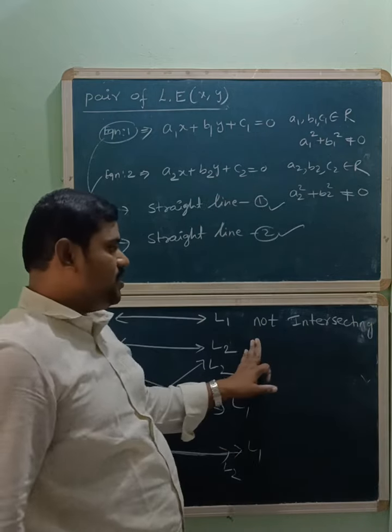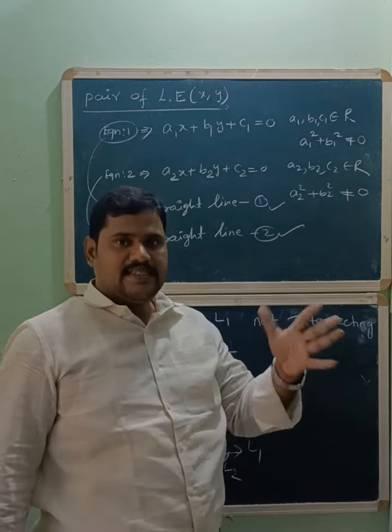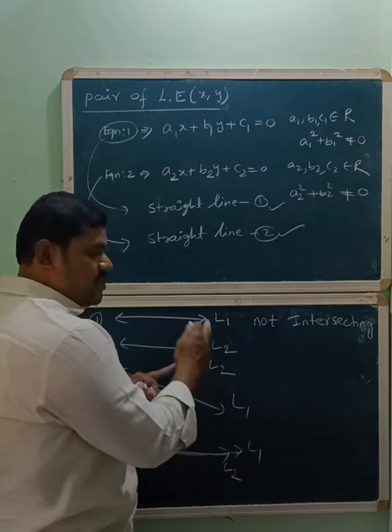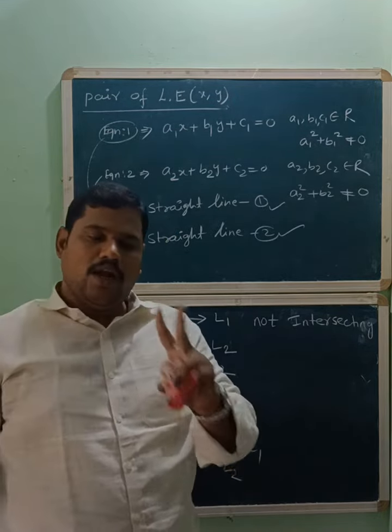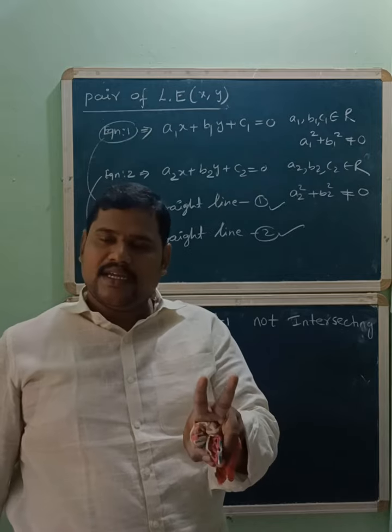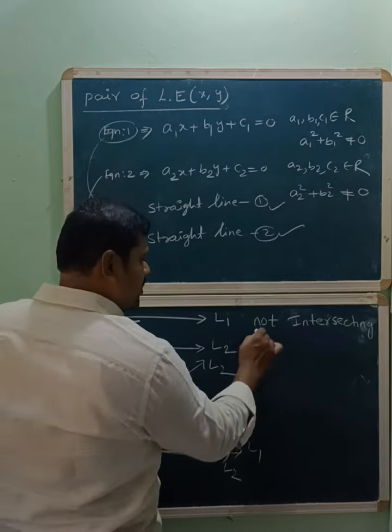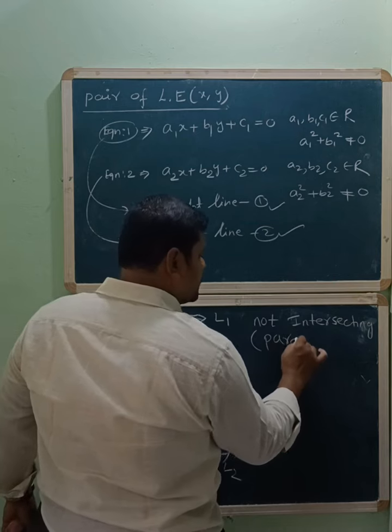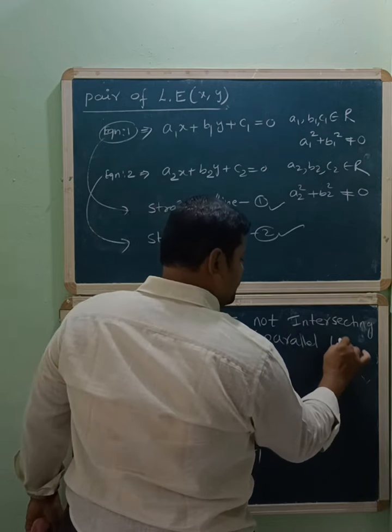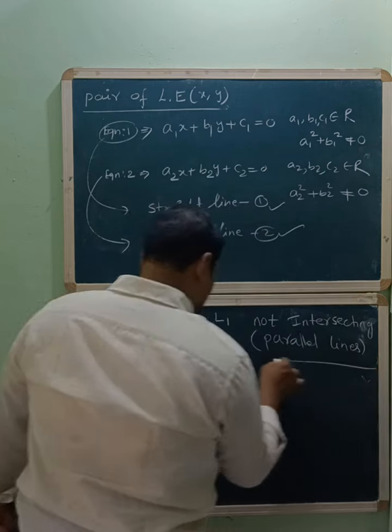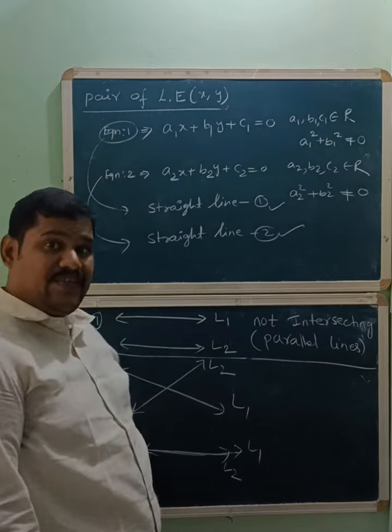Not intersecting means the two lines do not intersect anywhere. Such two lines are called parallel lines. So the other name for this one is parallel lines. This is the first possibility.